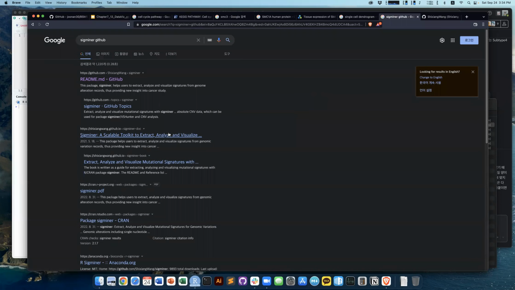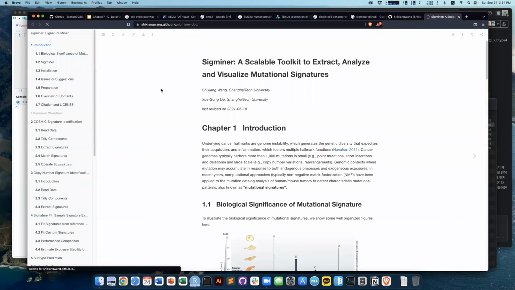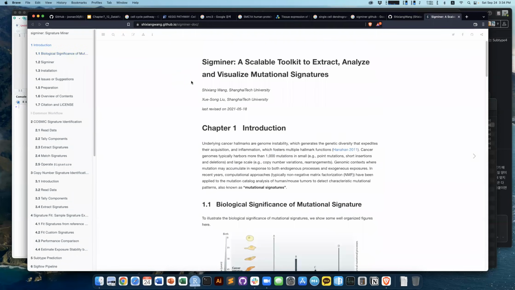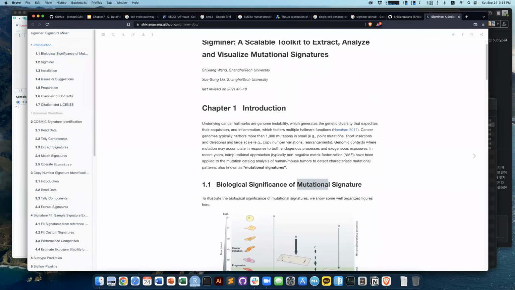And he also has some very nice books about genomic analysis. And this is a classical topic in cancer genomics, which is mutation signatures. This is how mutations happen in cancer patients, and what the reasons are for those cancer mutations, right?